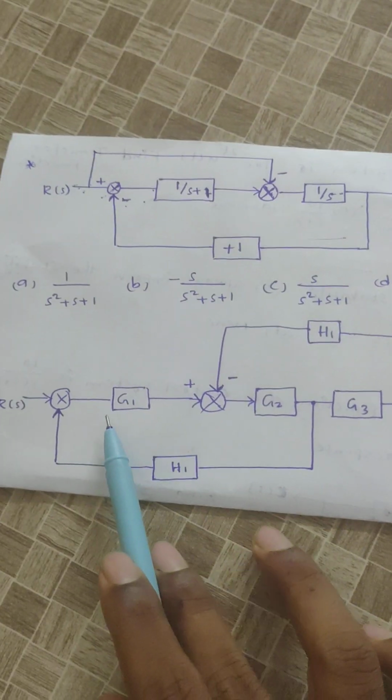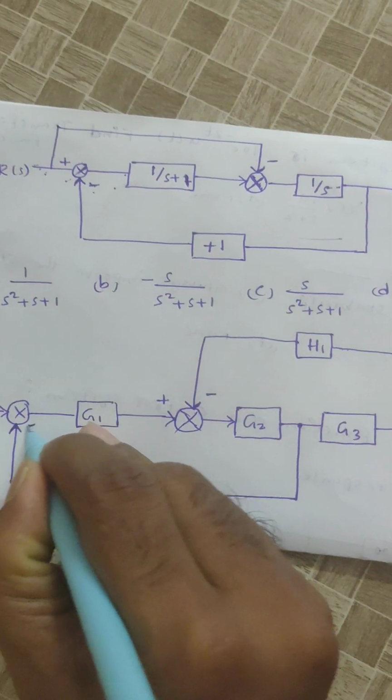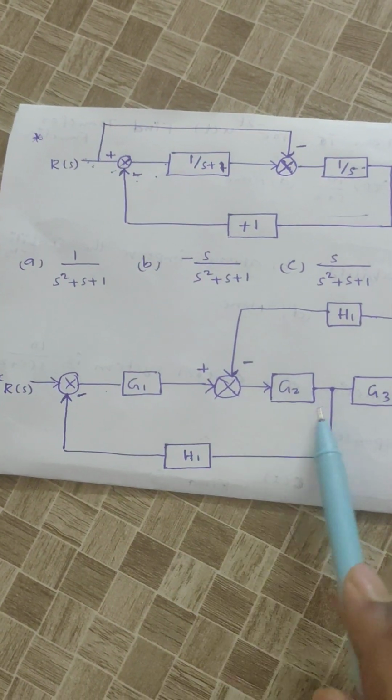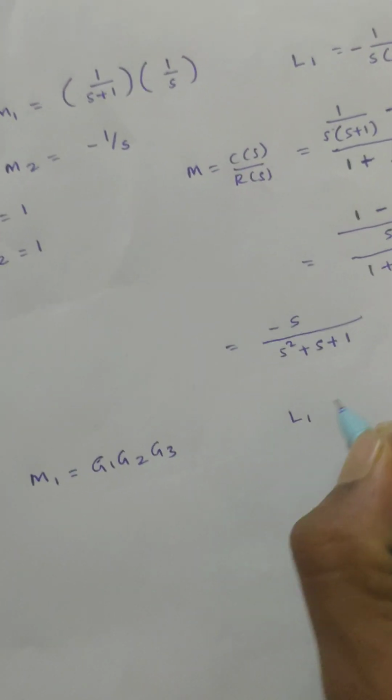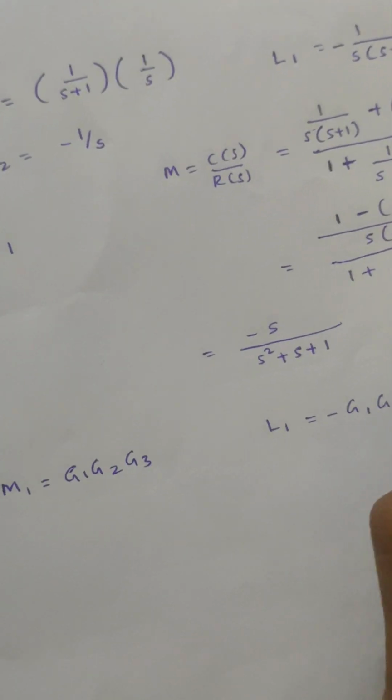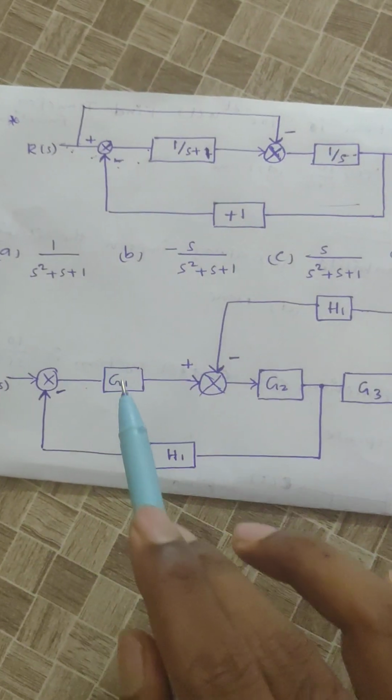Next loops, this is loop 1, here negative feedback, here minus, right? Then loop 1, L1, is equal to minus G1 G2 H1, right? From this figure, this is loop 1.